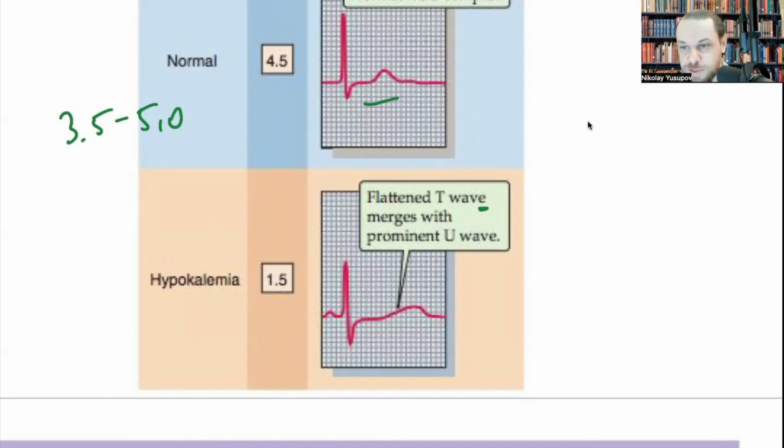We're going to have some potassium-wasting diuretics, and we want to know what's going to happen to the person. So one of the signs and symptoms, especially on your diagnostics, is flattening T waves and U wave development, in the setting of hypokalemia.